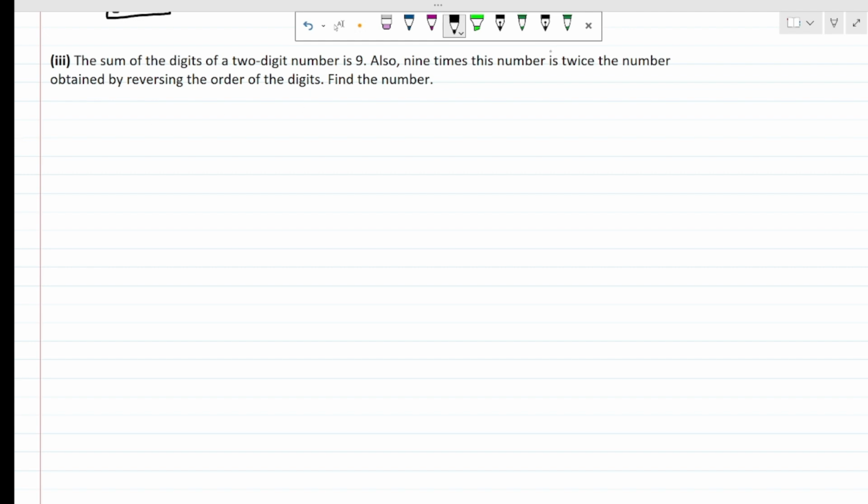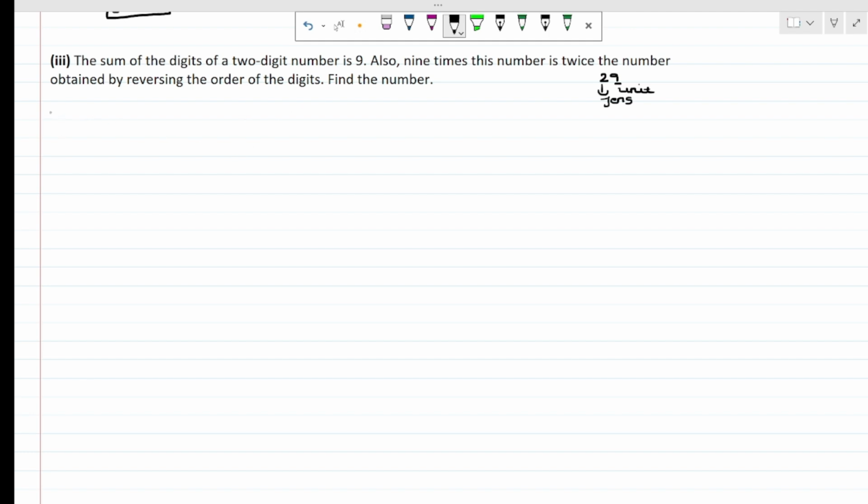So our first step: if I'm taking the number 29, 9 becomes my units digit and 2 becomes my tens digit. So our first is the unit place number and second is the tens digit number.